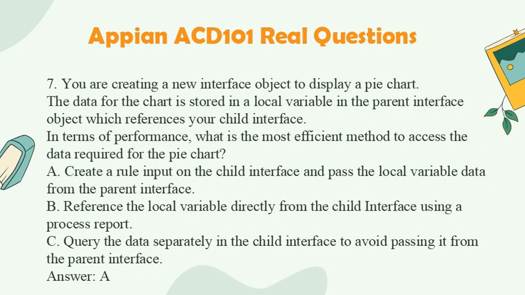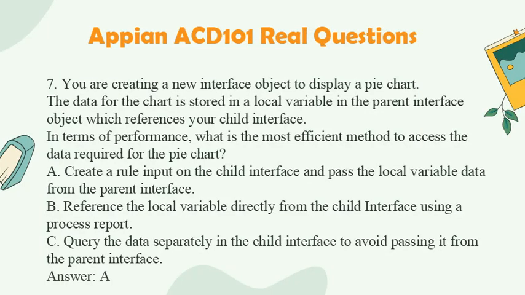7. You are creating a new interface object to display a pie chart. The data for the chart is stored in a local variable in the parent interface object which references your child interface. In terms of performance, what is the most efficient method to access the data required for the pie chart?